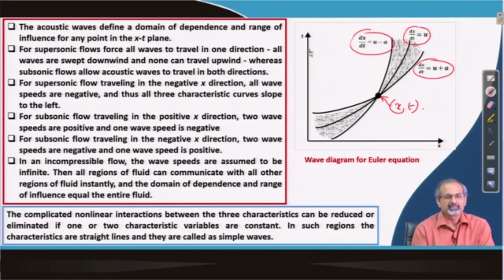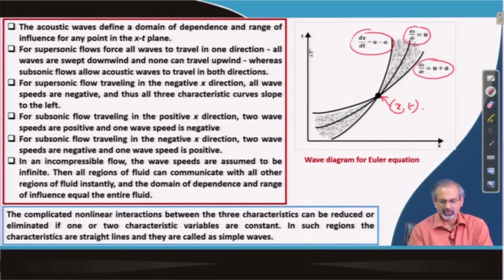What happens is that because there are nonlinear interactions, like we were saying that the lambda i's are not dependent on only v i's, but on all the different v's, these nonlinear interactions between the three characteristics make them curved. However, you can eliminate this if one or two characteristic variables become constant. We are talking about those v i's, the characteristic variables.